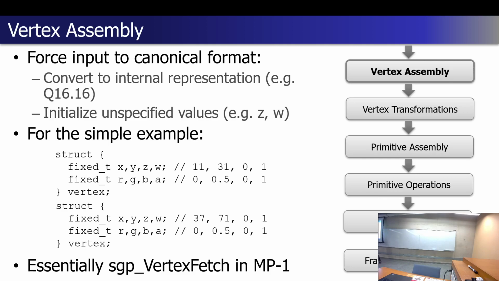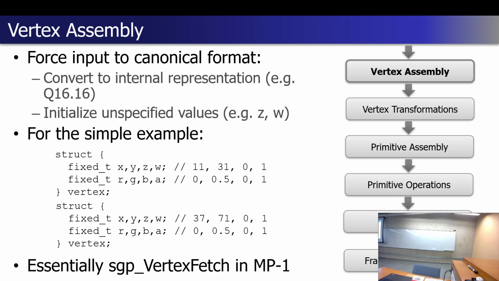So for that simple example, if you want to think of it in terms of software data structures, our input to this stage would have been pairs of integers for position and 3 normalized floats for our color information. Our output would be these 4 vectors.